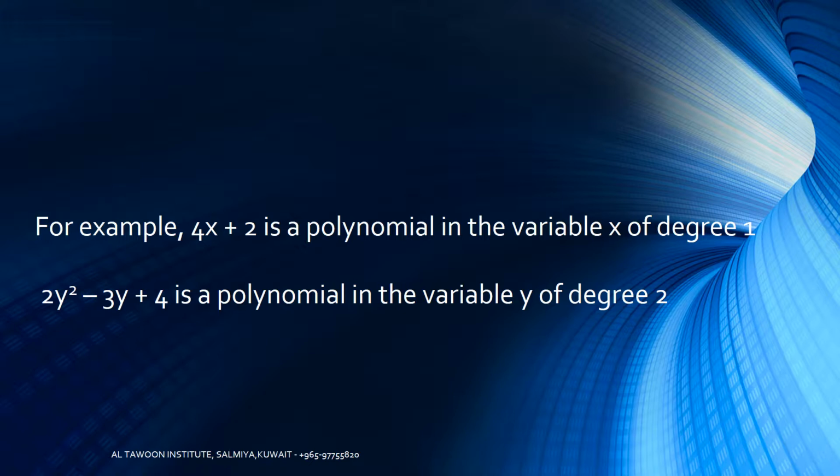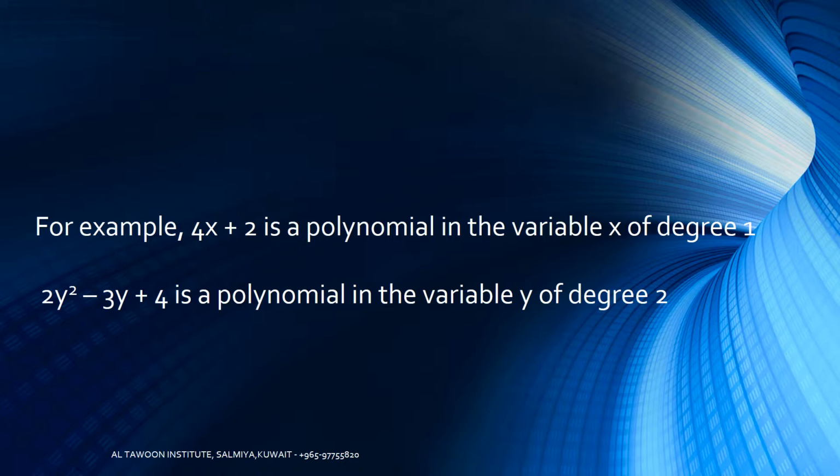A quadratic polynomial can have at most 2 zeros and a cubic polynomial can have at most 3 zeros. In general, a polynomial of degree n has at most n zeros.